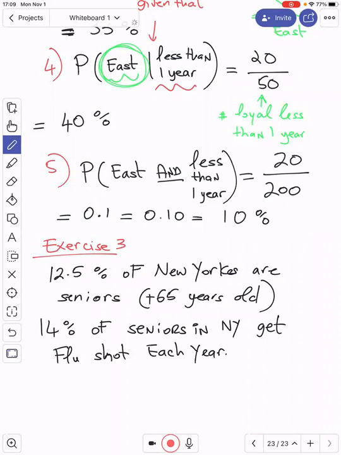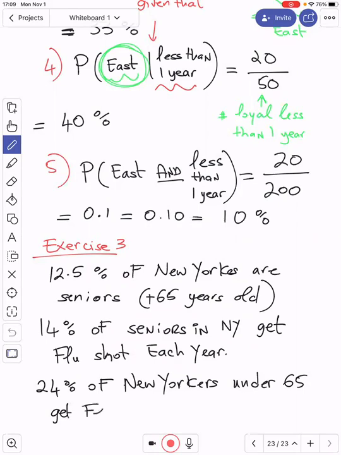And we know that 24% of New Yorkers under 65 get the flu shot. Okay, so 12.5% of New Yorkers, of the entire population, are seniors.